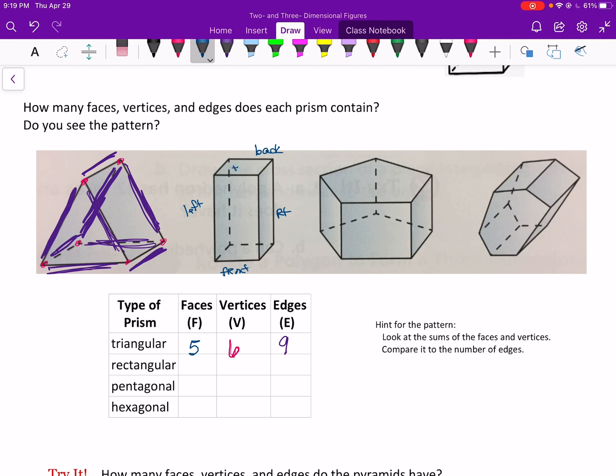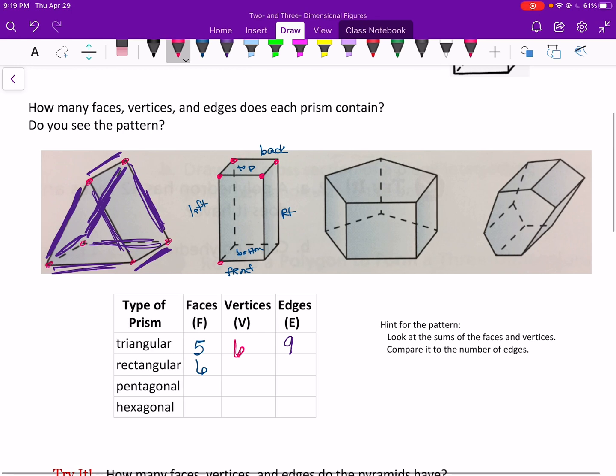And then I have the top and the bottom. So how many is that? Well, it's 4 around, and top and bottom, 5, 6. Count the vertices. Let's do the top ones. 1, 2, 3, 4. And now on the bottom, 5, 6, 7, 8.